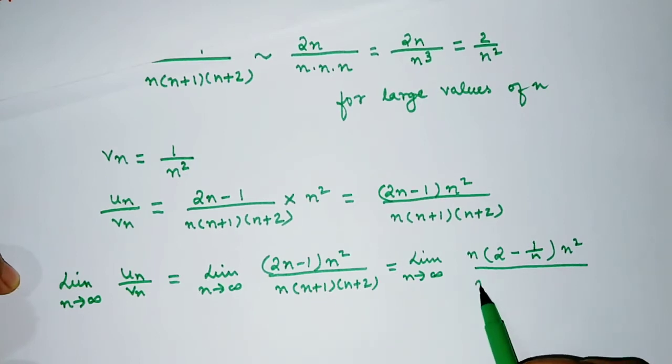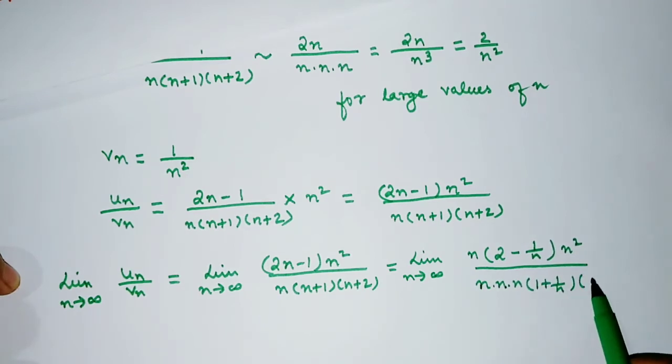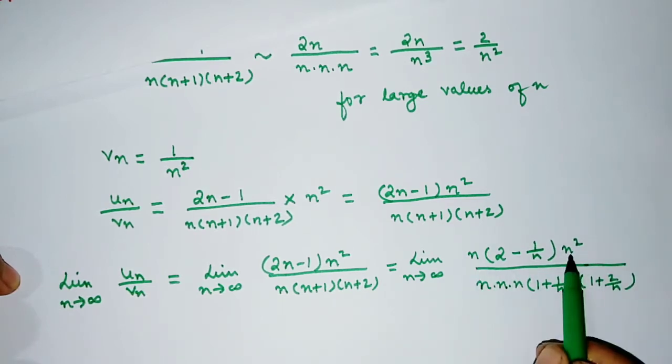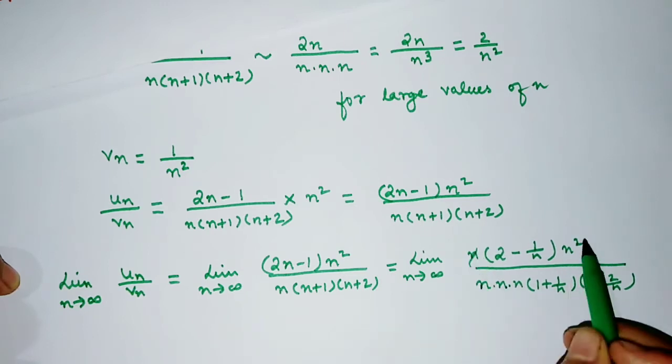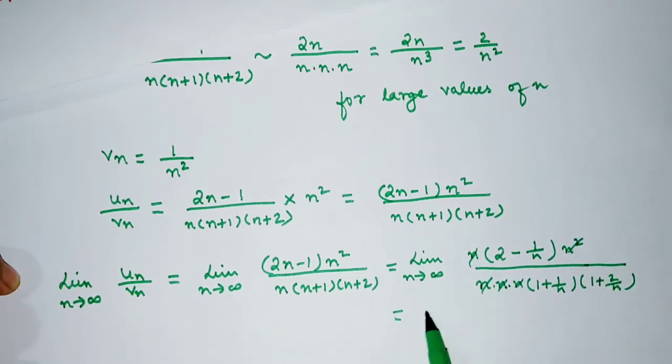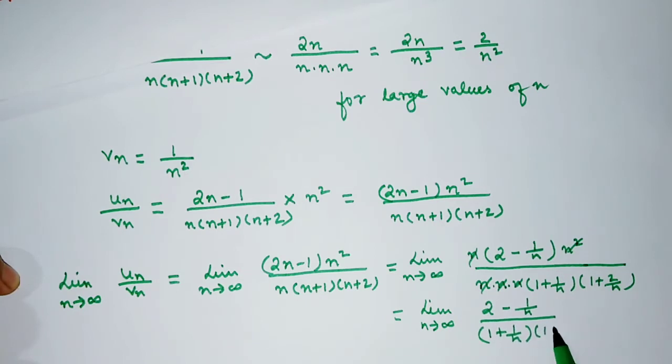From here also we take common n, and from here also the same n, so we are left with 1 plus 1 upon n, 1 plus 2 upon n. Here we have n cubed, here also n cubed, so they get cancelled. So now limit n tends to infinity 2 minus 1 upon n by 1 plus 1 upon n into 1 plus 2 upon n.